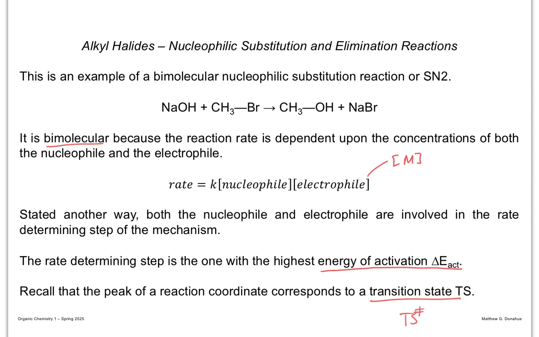You have to suspend your normal sort of foundational facts. Things that can happen in the transition state do violate the normal Lewis dot rules. So in the mechanism, when you have a bond forming and a bond breaking, that sort of happens at the same instant in the transition state.